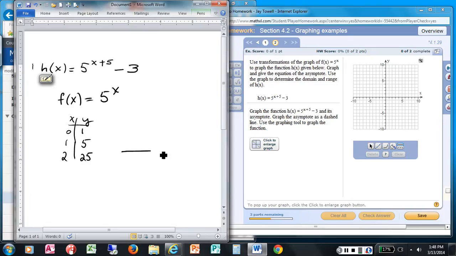And so we do get the basic shape here of 0, 1, 1, say there's 5, and then 2 is way up at 25, 15, 20, 25, okay. So it goes up this way. And then, as we know, this one comes around and we have a horizontal asymptote of y equals 0 for just that base function.